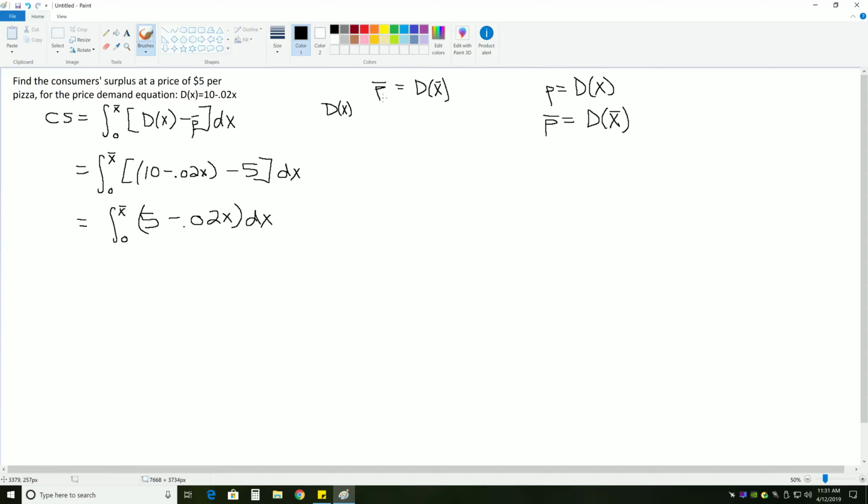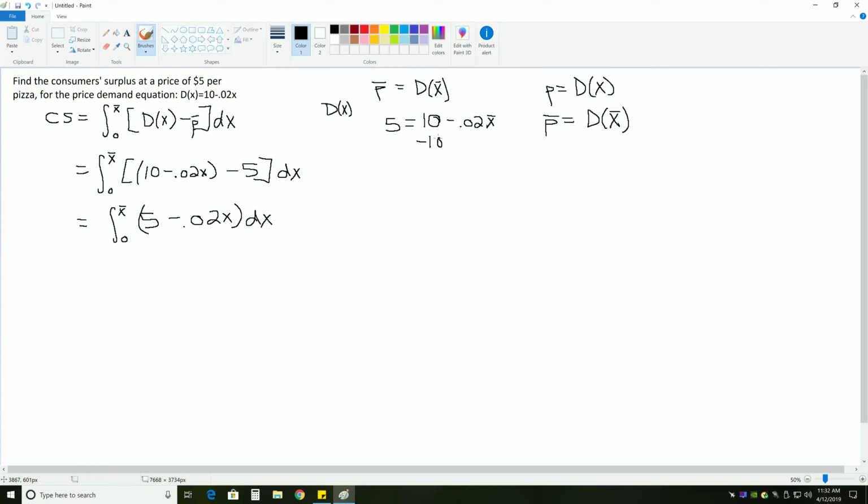So that's how we get this equation here. And we know these values. P bar we said is 5, and that's equal to d of x bar, which literally means just take x bar and plug it in for x in your demand equation d of x. So we get 10 minus 0.02 x bar. And now this is just a basic linear equation that we can solve for x bar, just as if we were solving for x.